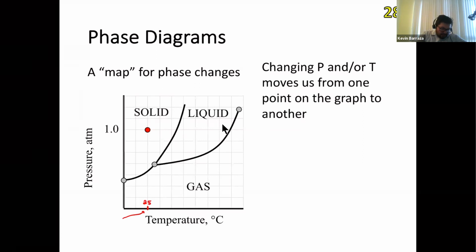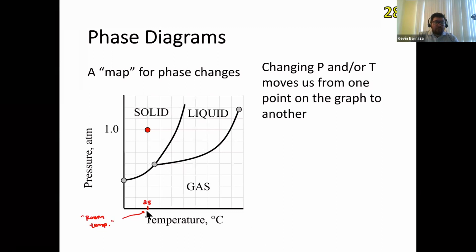The reason why I'm doing that is that this is considered room temperature in science. When you hear room temperature, you might have your own personal feelings on what that means to you. But from a technical standpoint, room temperature is considered 25 degrees Celsius, which is about 78 Fahrenheit.